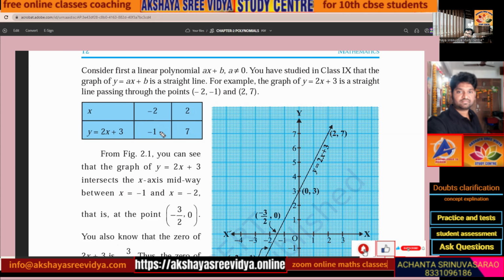The first coordinate is x and the second coordinate is y.